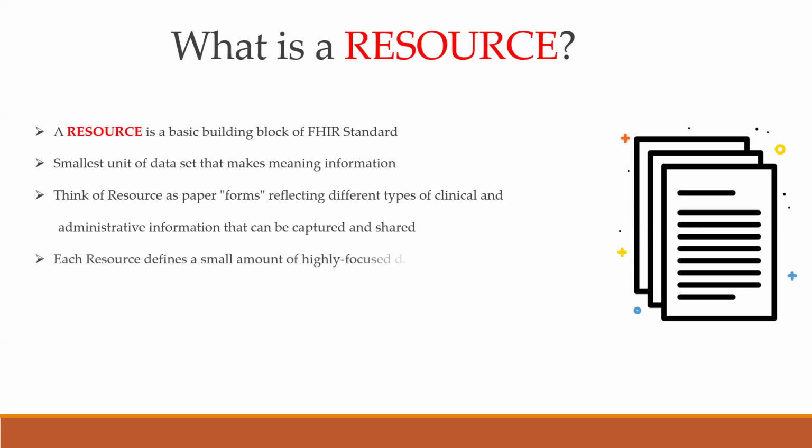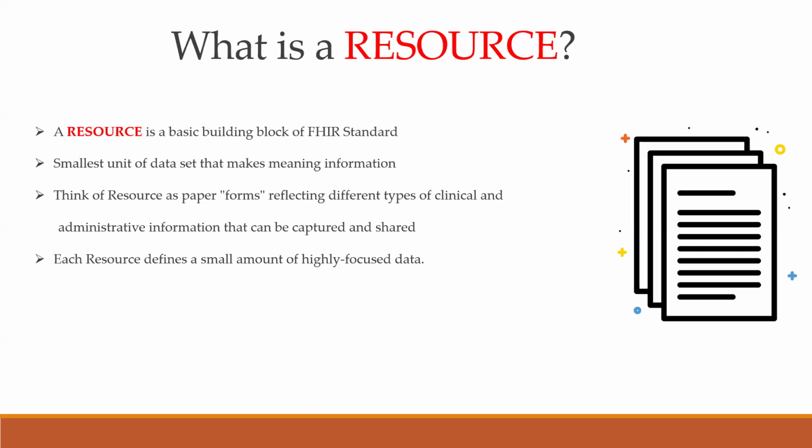Each resource will define a small amount of highly focused data. The forms are generic templates only, whereas once you fill the data, they are called instances. Apparently, you are filling three different forms. So we are talking about three different resources here.